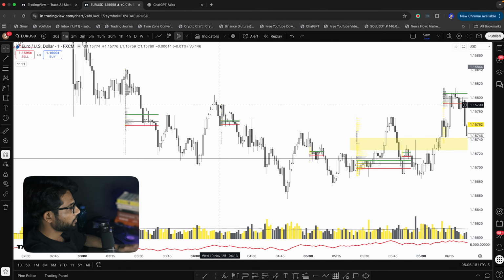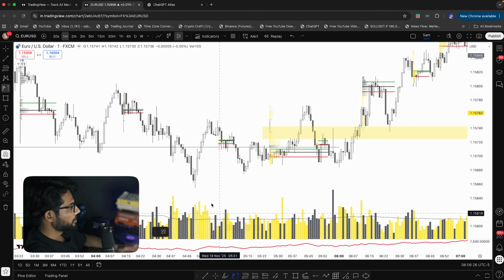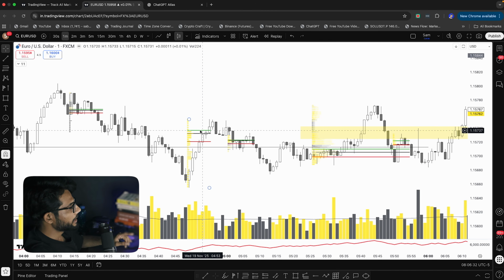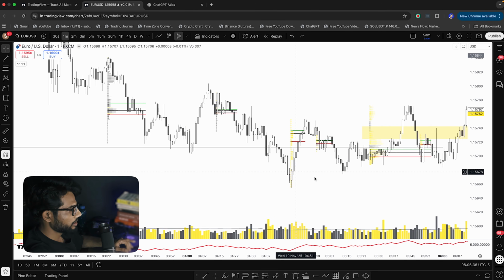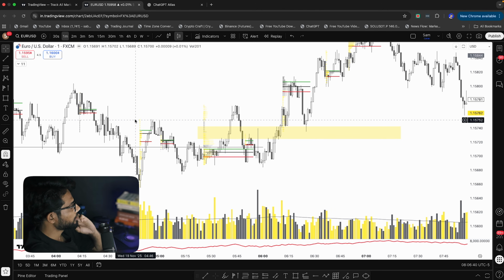Look at this volume profile. Price came over here, rejected. A lot of volume has been done over here, but I won't go into detail about why this did not come over here and it's over here. This is for the later part, but for now, just to give you the overall concept, here's how we are going to go.